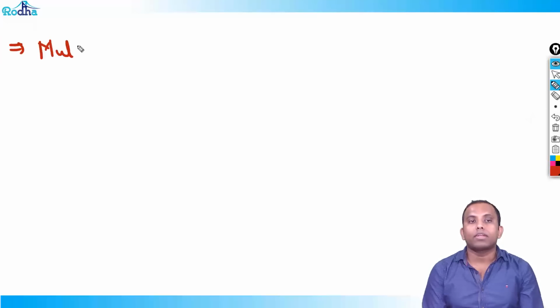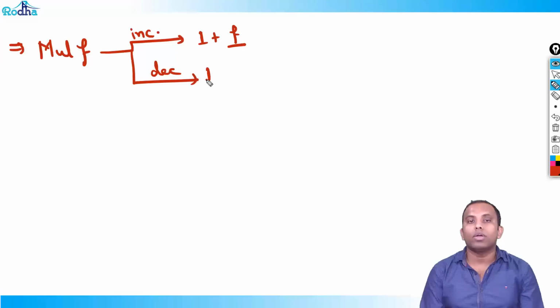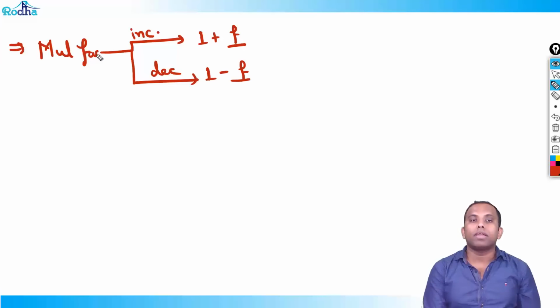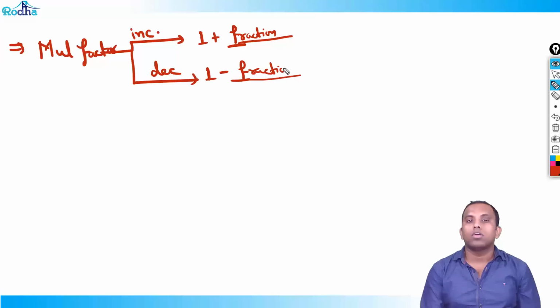So the multiplying factor is always, in case of increase, 1 plus the fraction value. In case of decrease, it is 1 minus the fraction value. Okay. So 1 plus fraction value and 1 minus fraction value, always, right?